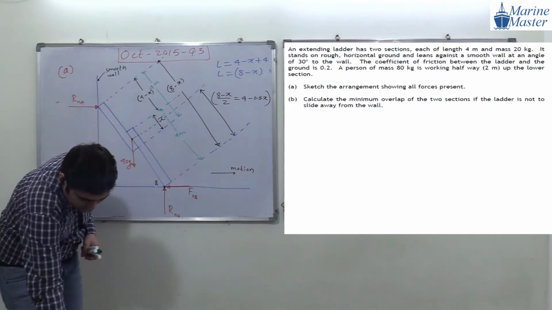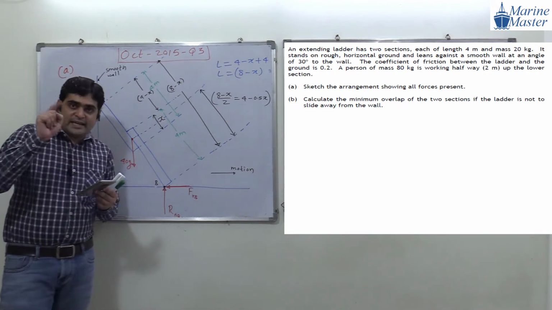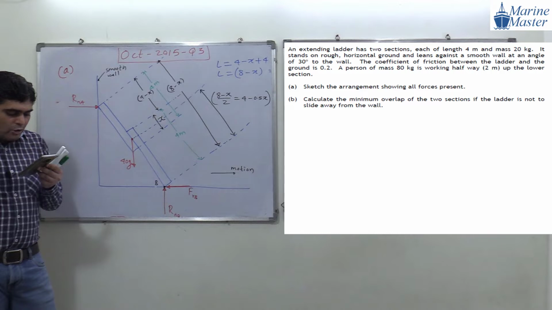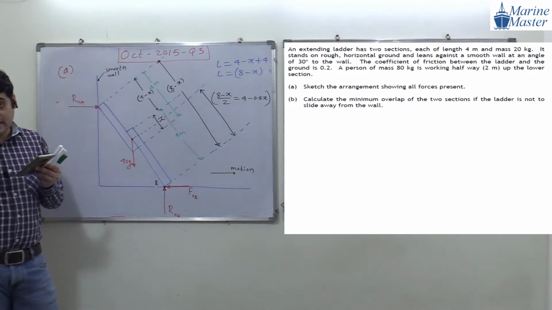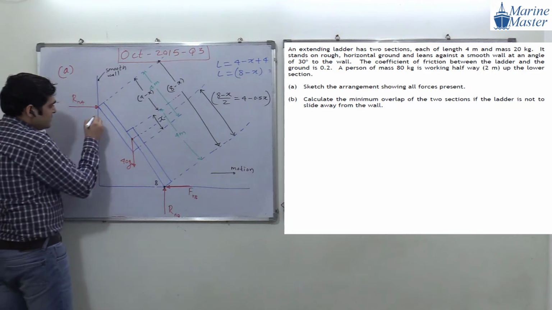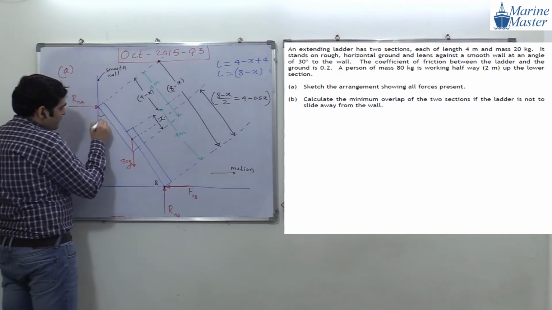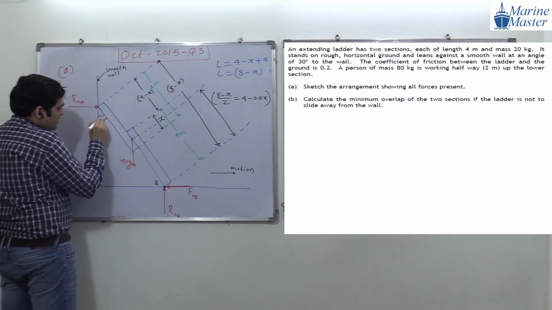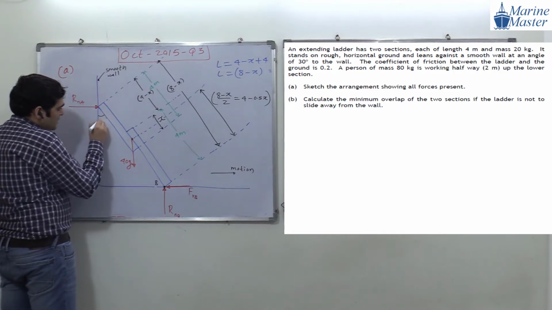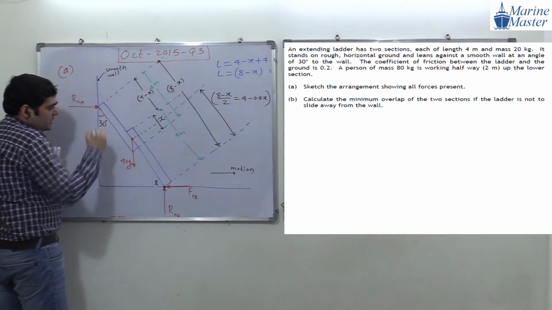Yes, there are two things remaining. The first thing is they are saying 30 degree to the wall. A ladder making 30 degree to the wall. So this angle is 30 degree.